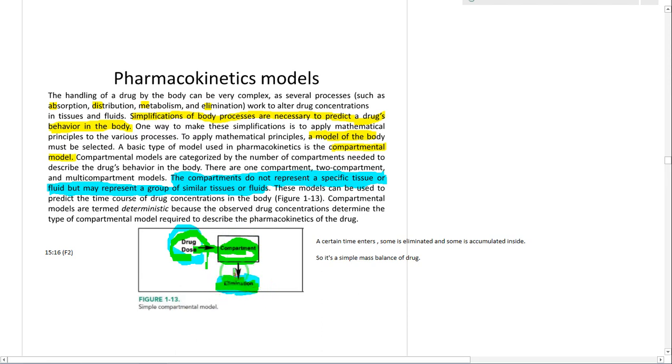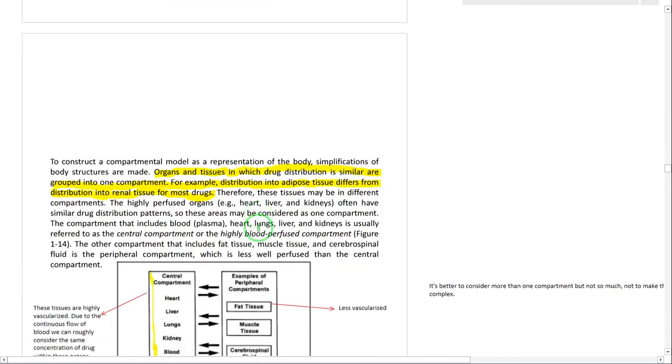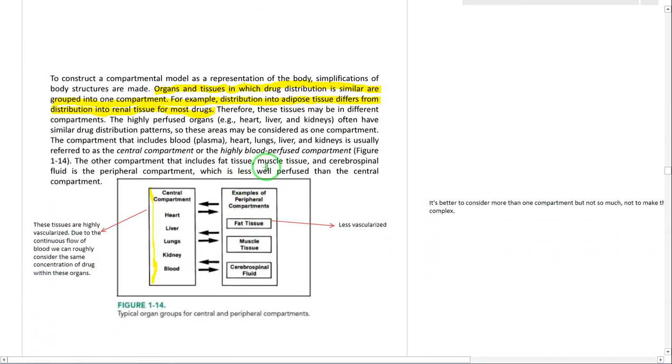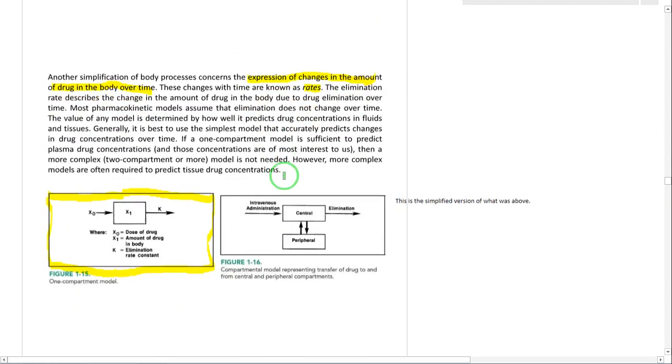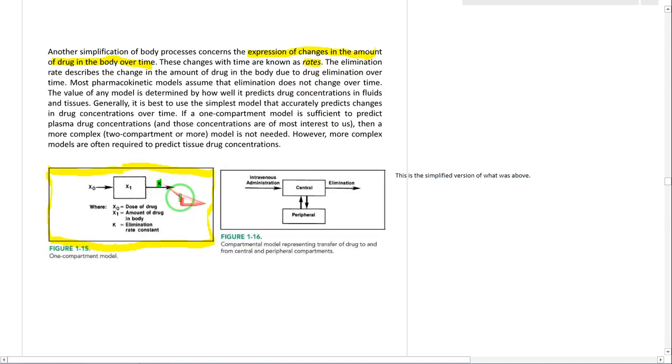So by writing, let's say, a mass balance for this compartment, we can realize how much the drug has been administered and how much of that is going to be finally eliminated. Well, the amount that is going to be finally eliminated depends on the elimination constants K that I will go for.